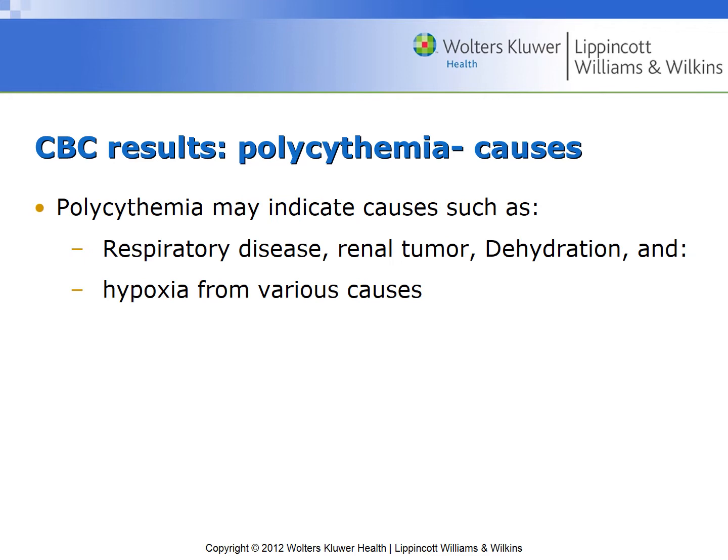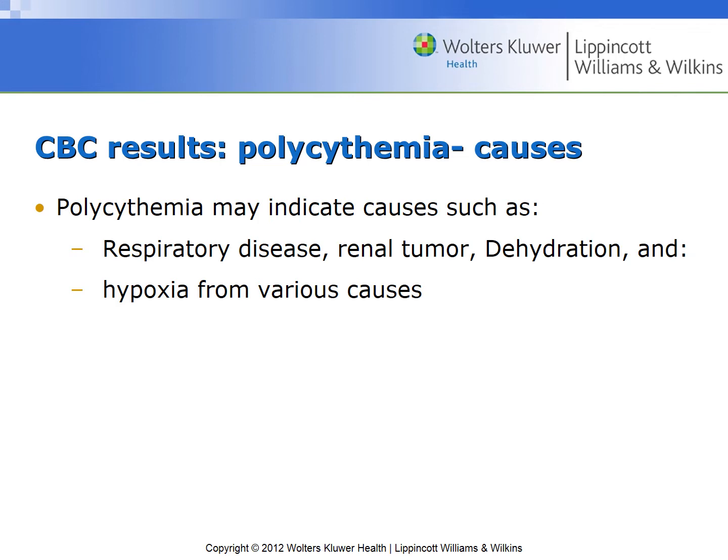ongoing respiratory disease. Renal tumors, as we saw, one of the things that triggers blood formation, erythropoietin, is released from the kidneys. So a renal tumor can cause the increased release of erythropoietin and an overproduction of red blood cells.